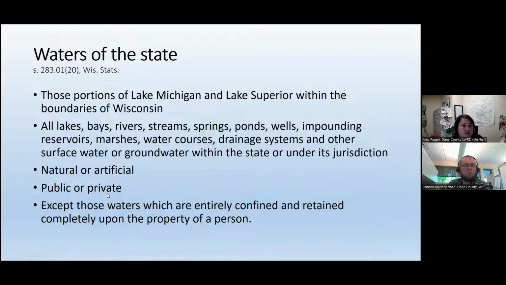So just because the small lake is wholly or solely on private property doesn't necessarily make it not a water of the state. But as Mike said, some of these constructed ones, where they're not connected to surface water and they're not connected to groundwater, would fall under that exemption, where they're solely contained on a person's private property and they were constructed in some way.